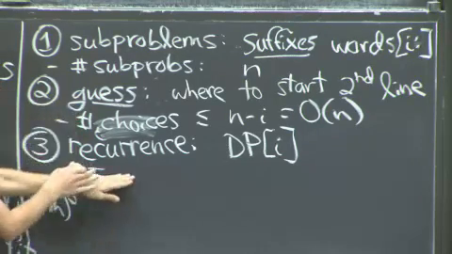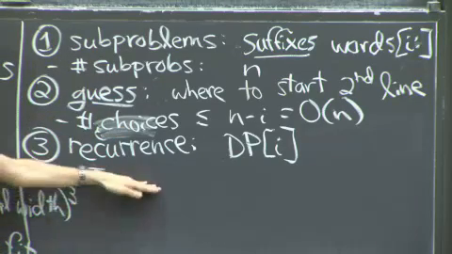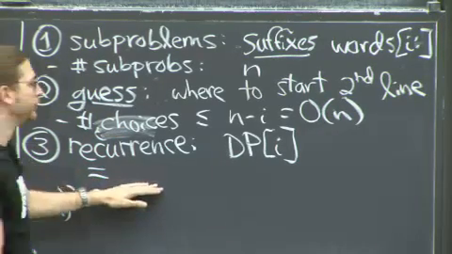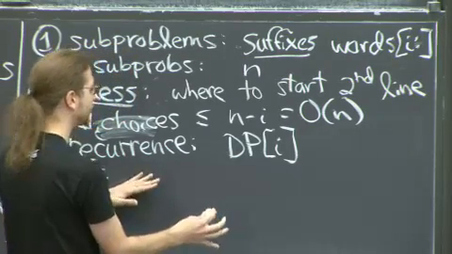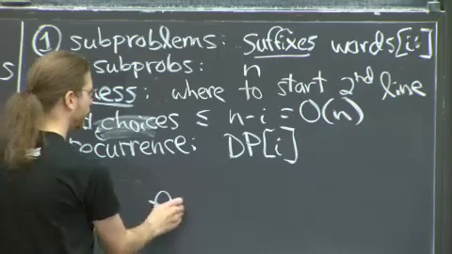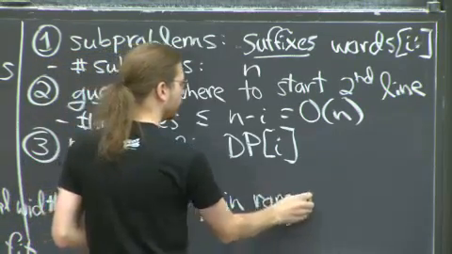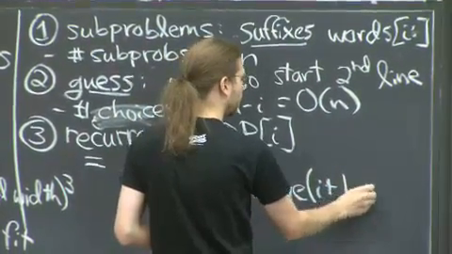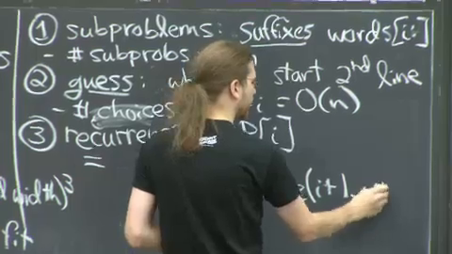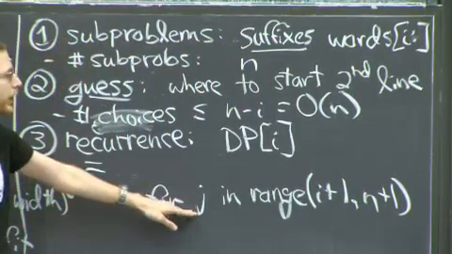This is going to be pretty formulaic at this point. After I've set up these ideas, there's pretty much only one thing I can write here, which is I want to do a for loop. I think that would be the for loop of where the second line can start.